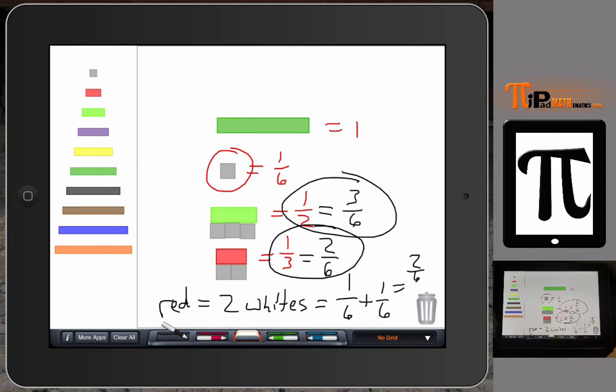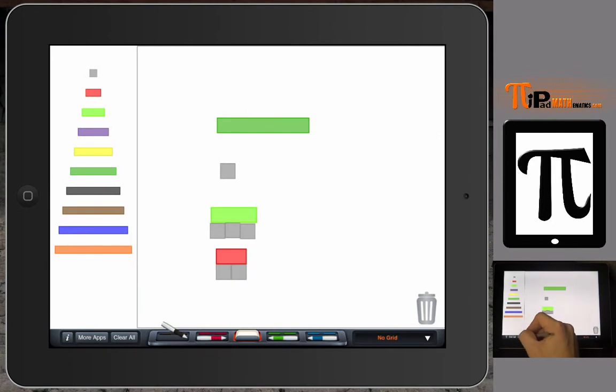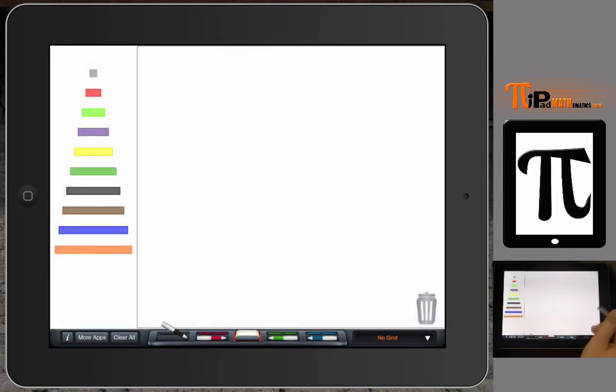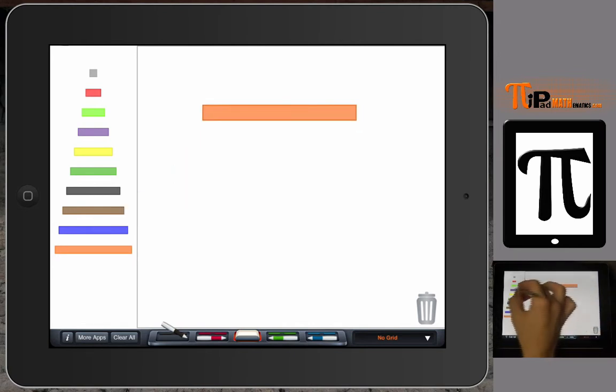So we show that 1/2 equals 3/6. Thus, we are modeling an equivalent fraction there. Let's clear all this out. And we can do that with a variety of wholes. We can go with our orange. If our orange is a whole, then we can do 1/2 equals 5/10, 5 of these.